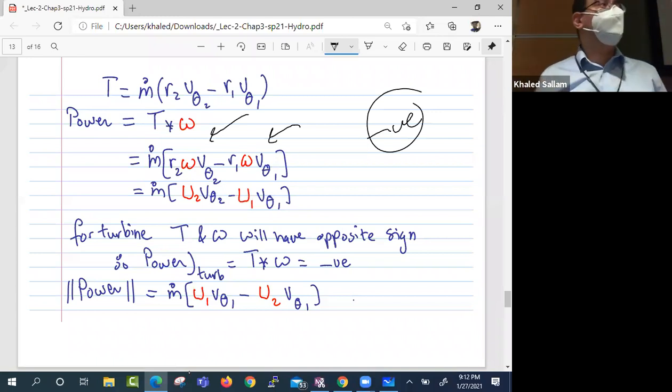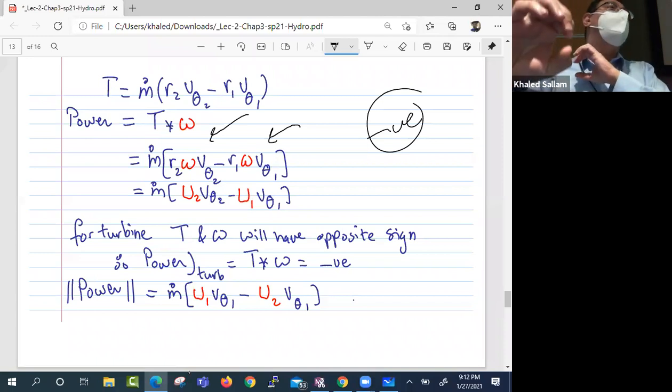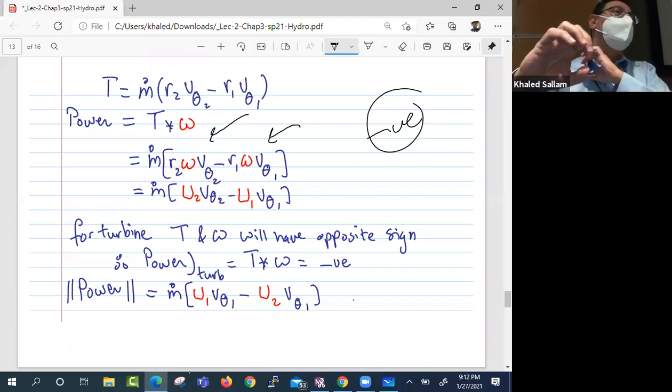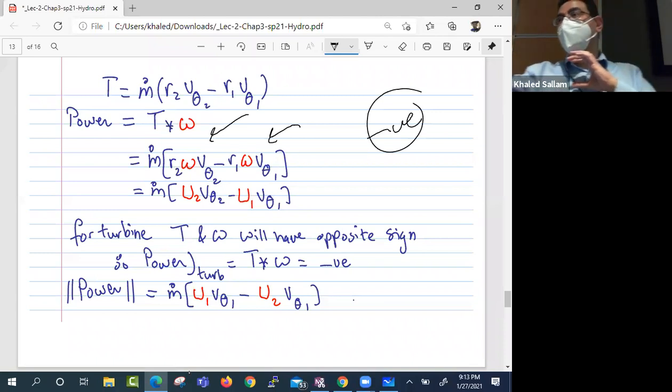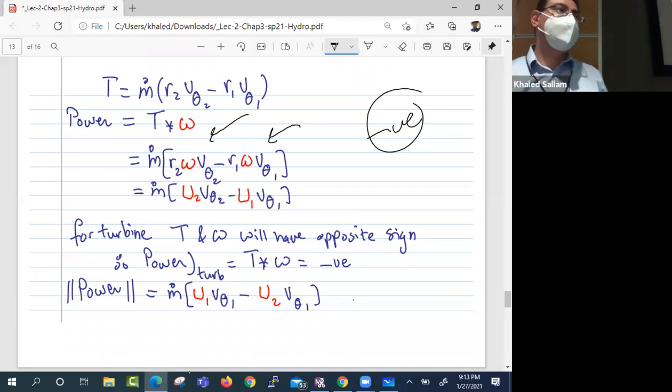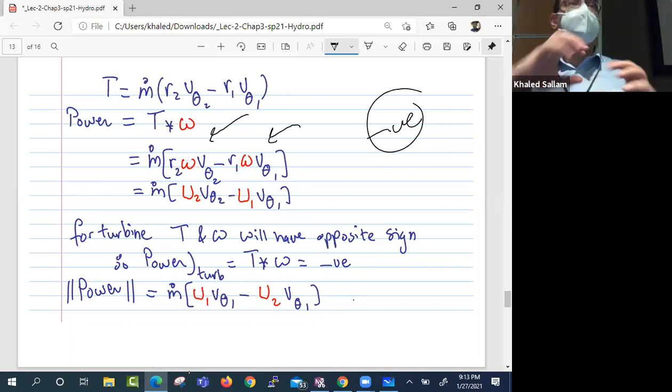But if I'm fluid going into a turbine, the shaft of the turbine is connected to what? In a turbine, the shaft is connected to a motor or a generator. That generator is very hard to move. Why? Because when you spin it against the electric field, it makes electricity.